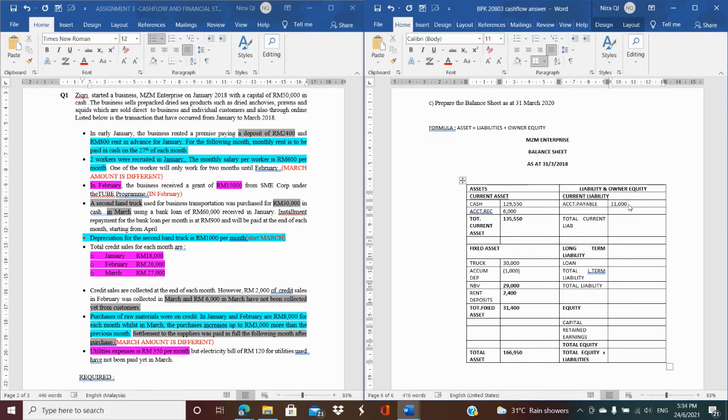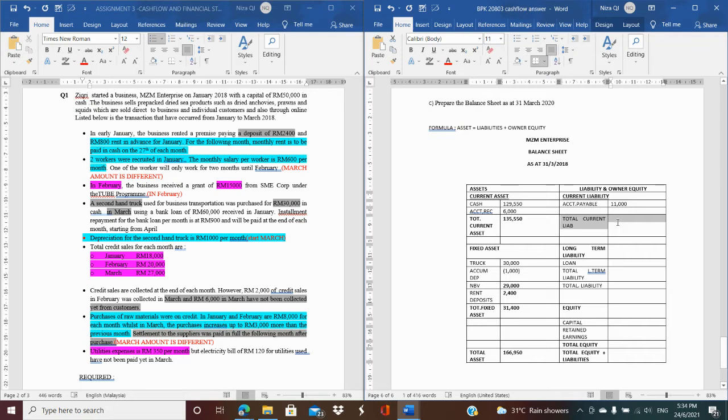Is there any other current liability? Usually under the current liability, it will be accounts payable and also short term note payable, under 1 year. There's no other current liability, so the total current liability will be 11,000.